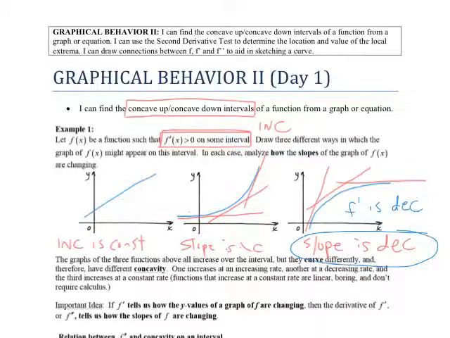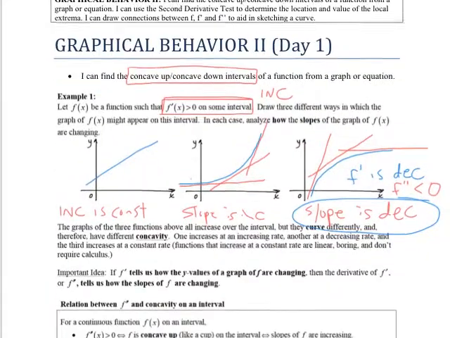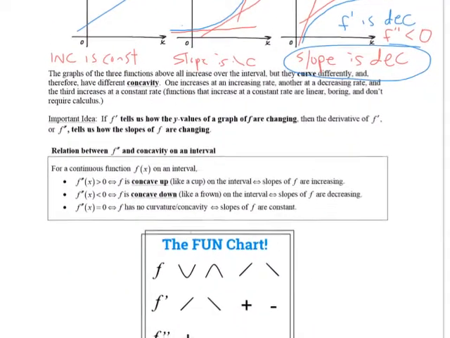Well, the derivative of f prime is f prime prime, and if we want that to be negative, f prime prime is less than 0. So when the second derivative is negative, then the slope is decreasing and the function is concave down. And that's what is going on in this table here.